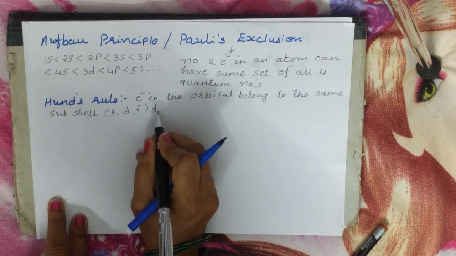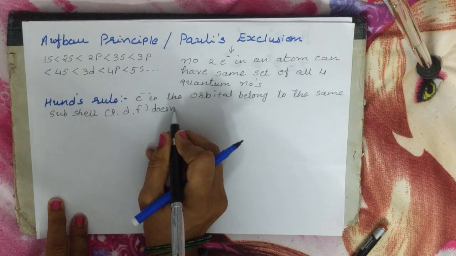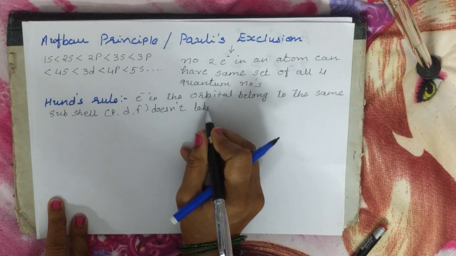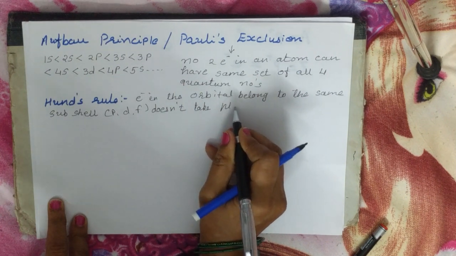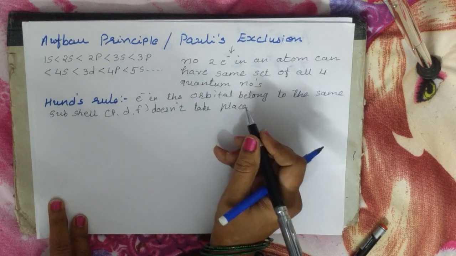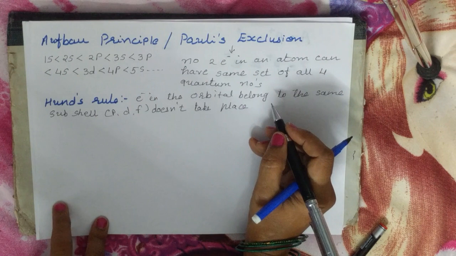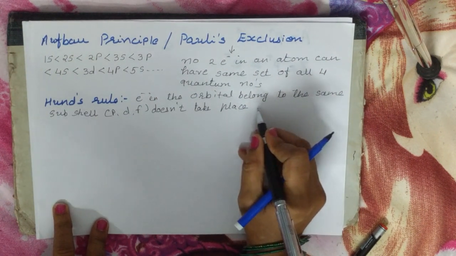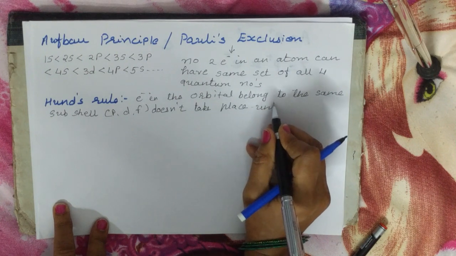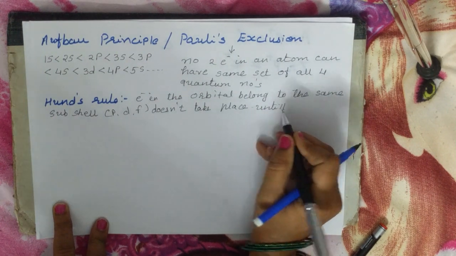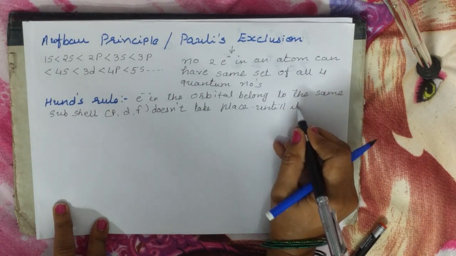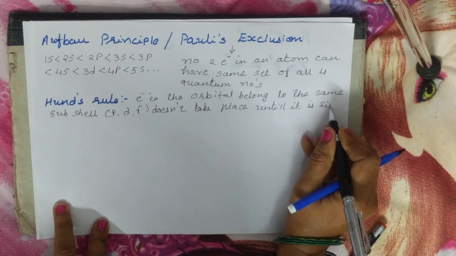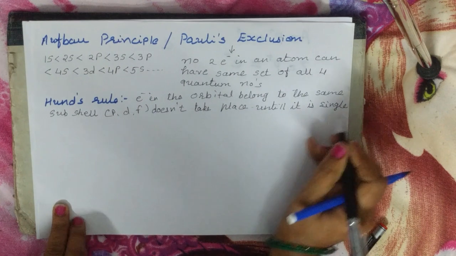So pairing does not take place until each orbital has got one electron, until it is singly occupied.